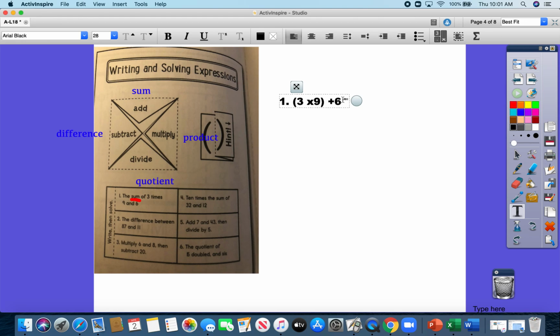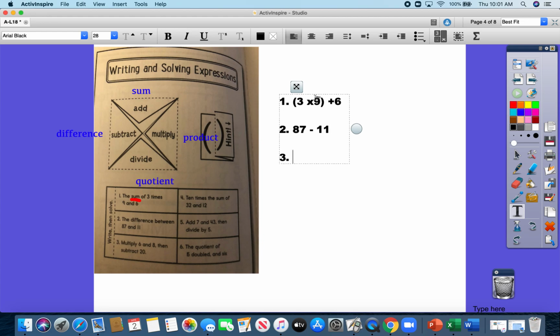Okay? And guys, we're not going to actually solve these right now because I just want you to write them. Okay? Number 2, the difference between 87 and 11. What does difference mean? Subtract. 87 minus 11. Now ask yourself, were there any other numbers in this one? No, so that's all I had to do for that one.